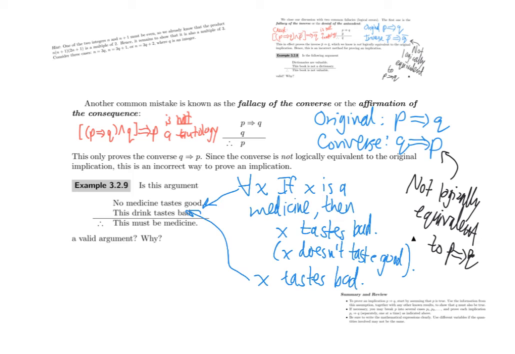So notice what we have now: x is a medicine is P, x tastes bad is Q. The conclusion is that x is medicine. So notice how they're using the fallacy of the converse argument structure, which again is not valid.